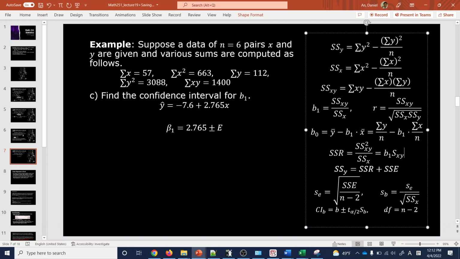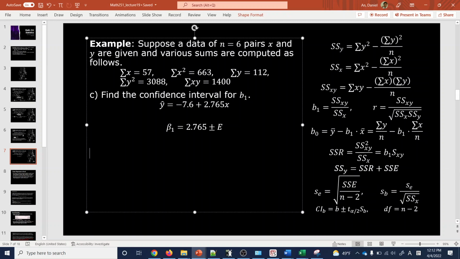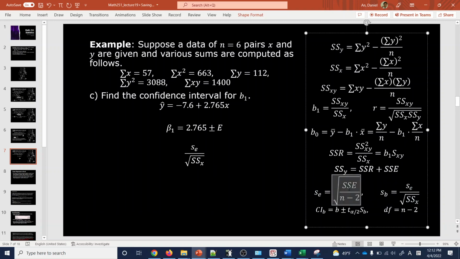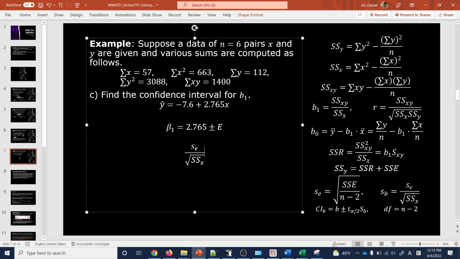So we first have to figure out the standard deviation of B, which is this formula right here. But that's also the same as this one, divided by SSx. So let's write it like this.